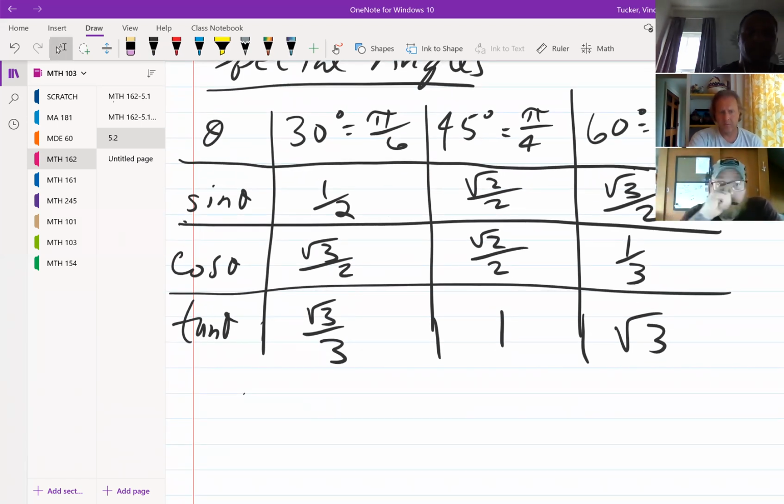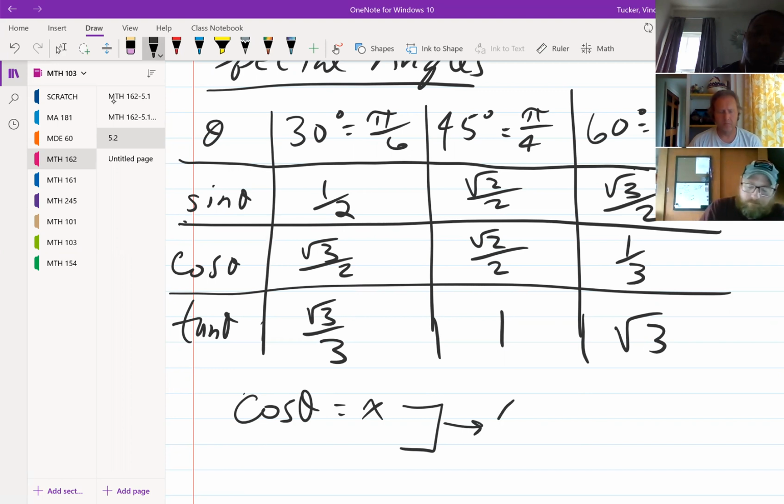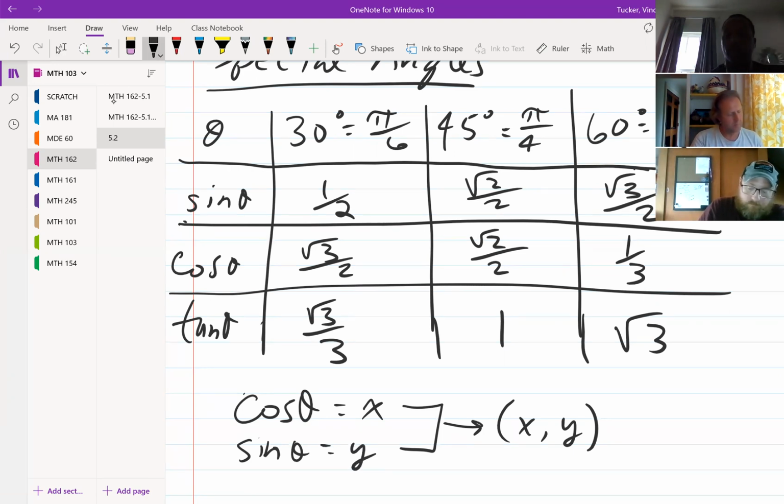Also, just giving you a heads up. Cosine theta is going to be associated with your x coordinate, you know, when we talk about ordered pairs. Sine theta is going to be associated with y. And we're going to get deeper into that.